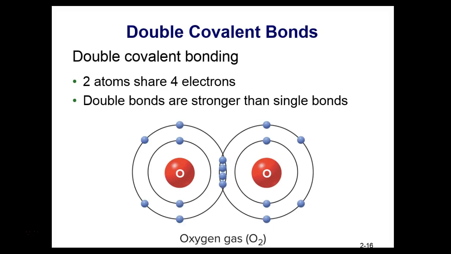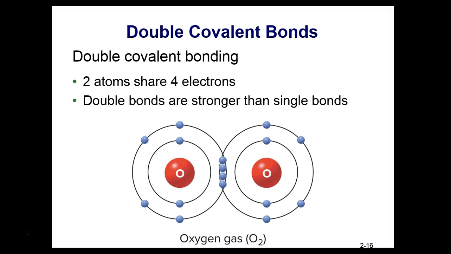And of course, you can have a double covalent bond as well, which is oxygen. If you go back to your table, oxygen has a total of 8 electrons.